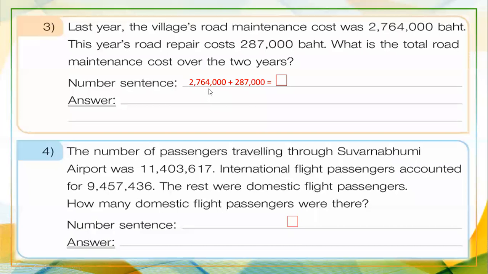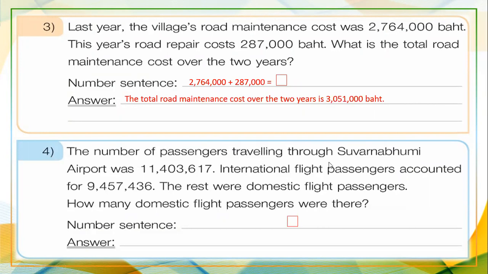So if we add 2,764,000 plus 287,000, we are going to have altogether the cost in 2 years: 3,051,000 baht. This is how we are going to do.